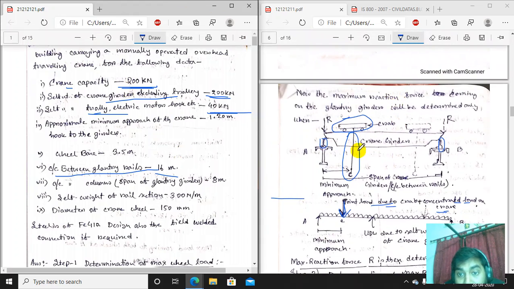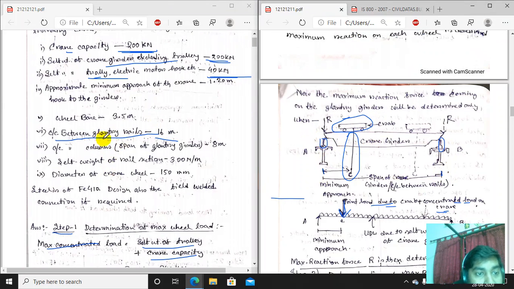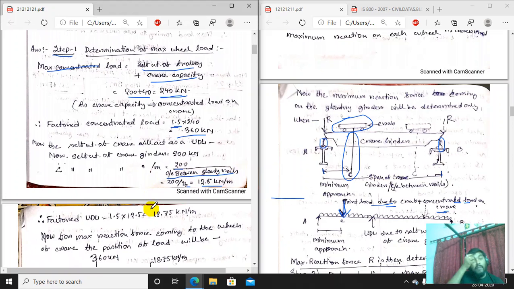In this picture, the span of the crane girder is the distance between one rail and another rail. This is one rail and this is another rail. So the distance between Gantry rails is 16 meter. So the total uniformly distributed load over the crane girder equals 200, the concentrated load, divided by the center to center distance between the Gantry rails, which equals 12.5 kilonewton per meter.